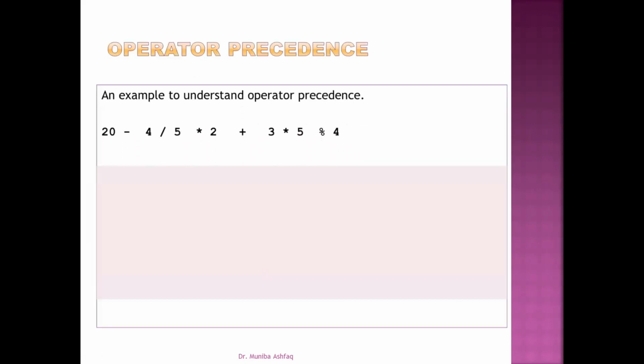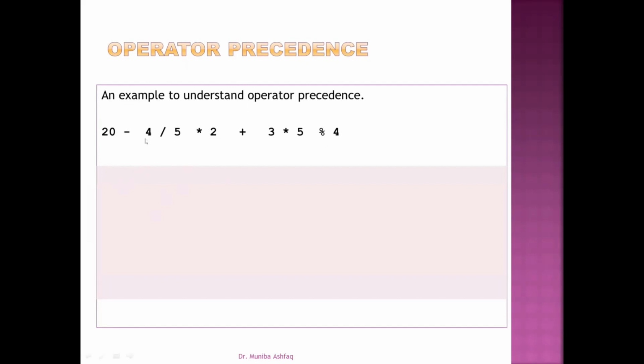Operator precedence example. Here is an example. You can see that we have 20 minus 4 divided by 5 multiplied by 2 plus 3 multiplied by 5 modulus 4. According to the operator precedence, we know that multiplication, division and the mod sign have high precedence as compared to addition and subtraction.